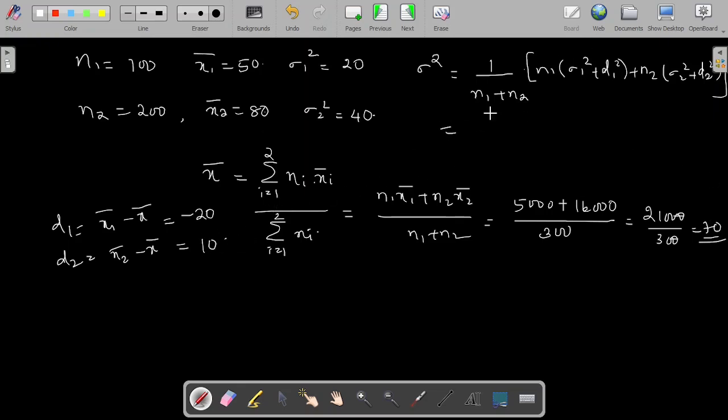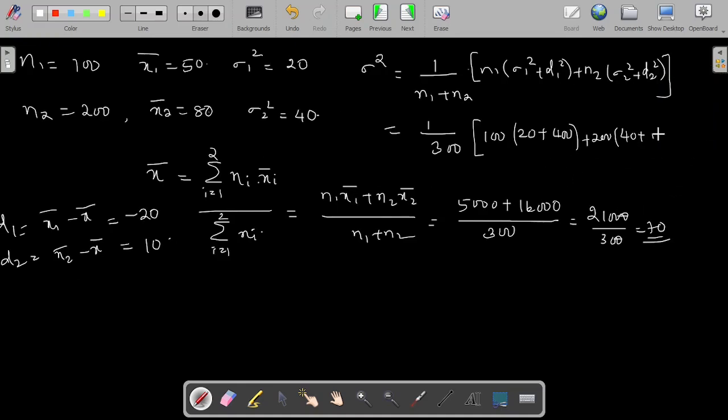So here I have to substitute 1 by n1 plus n2, which is 100 plus 200, that is 300. n1 is 100 into sigma 1 square, 20, plus d1 square, minus 20 whole square, which is 400, plus n2 is 200 into sigma 2 square, which is 40, plus d2 square, 10 square, which is 100. So I have to simplify this.